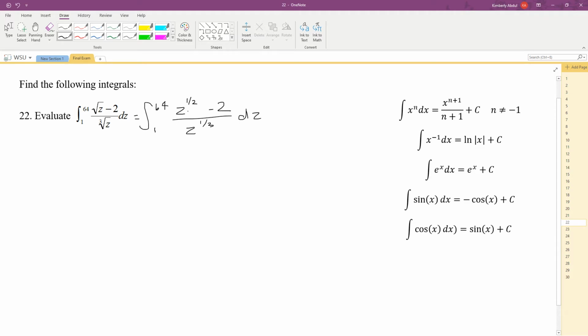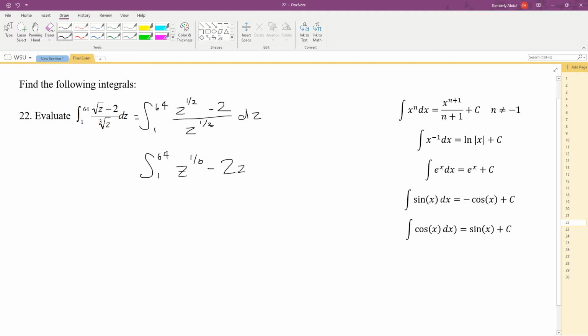All right, now I can rewrite this by dividing out the 1/3 so that I don't have a denominator anymore. So that's going to be still evaluated from 1 to 64, and I'm going to get z to the 1/6, and that's because 1/2 minus 1/3 is equal to 1/6, and then minus 2, and then since I want to bring this up to the top, I'm going to change it to a negative exponent.